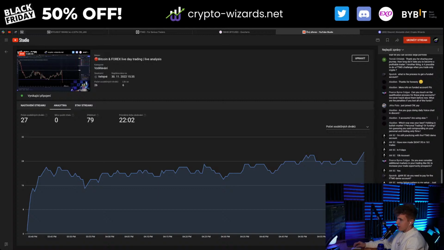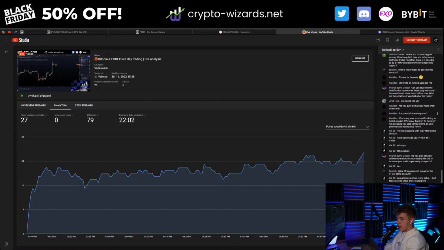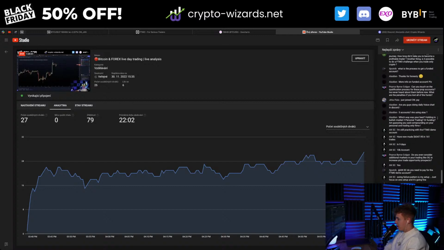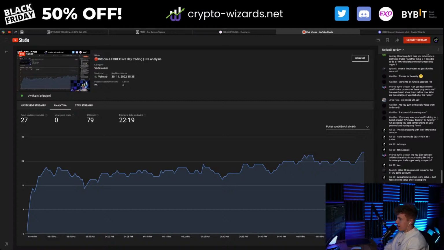Yeah, exactly, Sputnik. Exactly. You pay 500. You can pass it. You'll get the account. They will refund you the 500. If you don't pass it, then the 500 is gone. But once again, think about it like an investment, right? It's a return on investment.